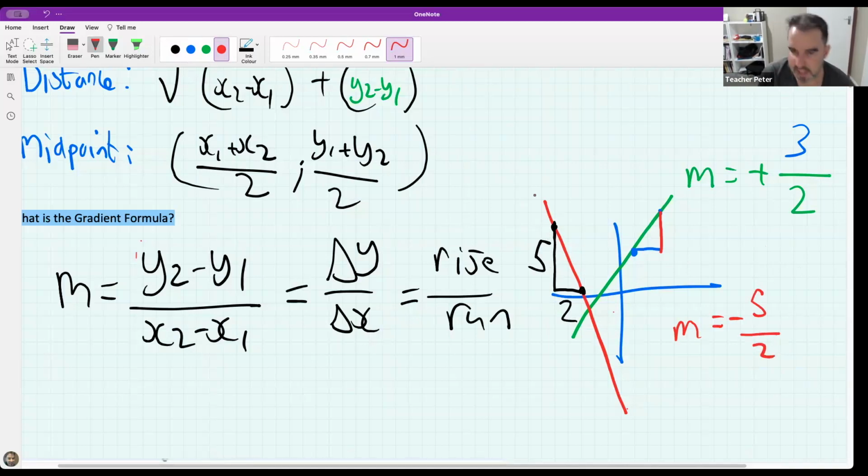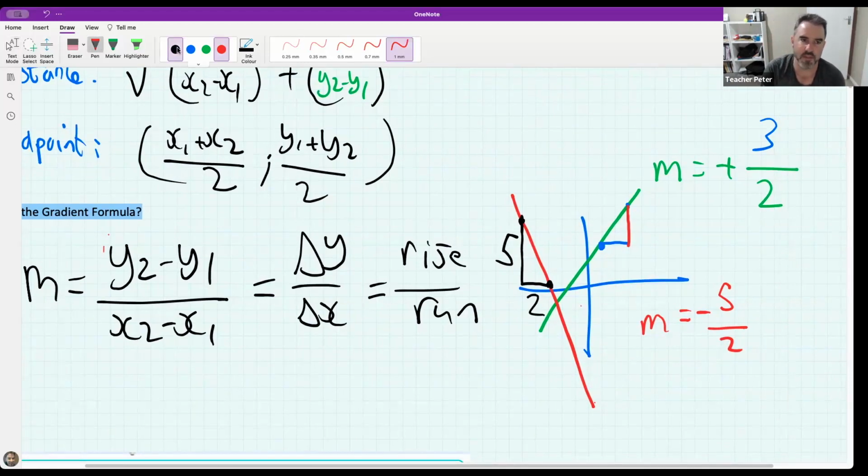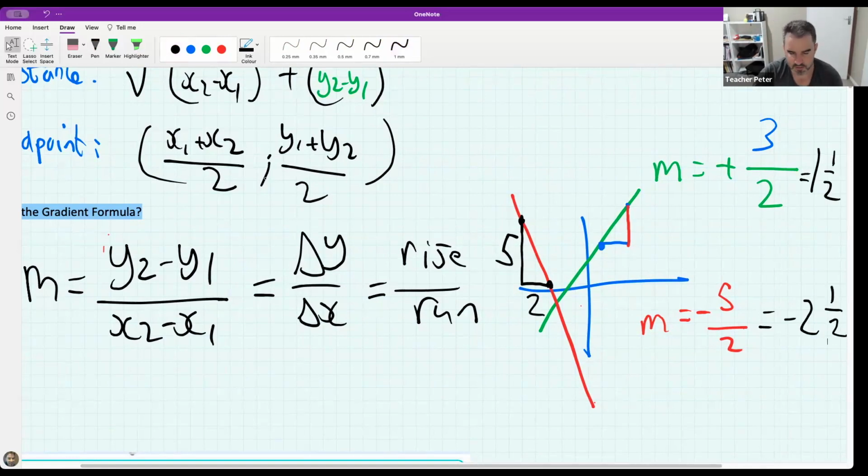We can see that the red line is a bit steeper. It's going down faster than the green one, which makes sense because the green is 3 over 2, or as a mixed number, 1.5, whereas this one is minus 2.5. So that is the basics of the gradient formula.